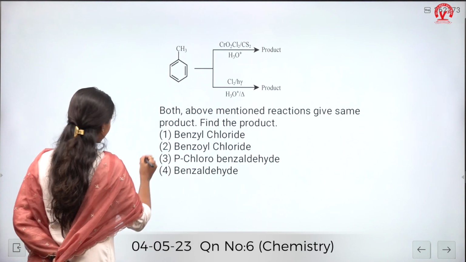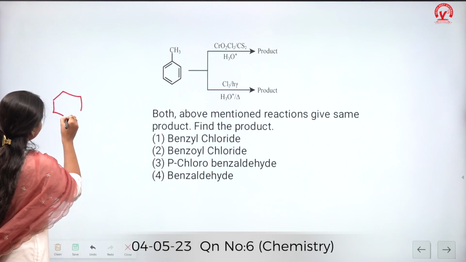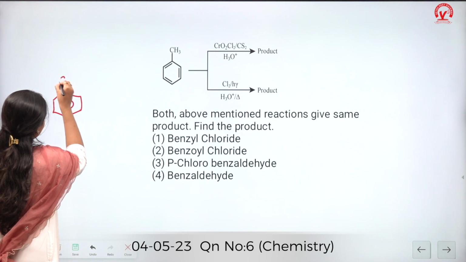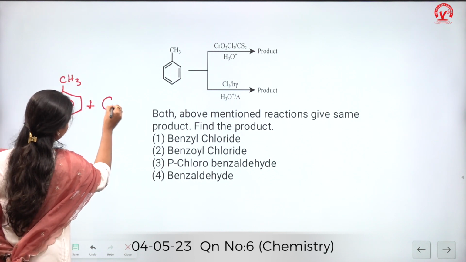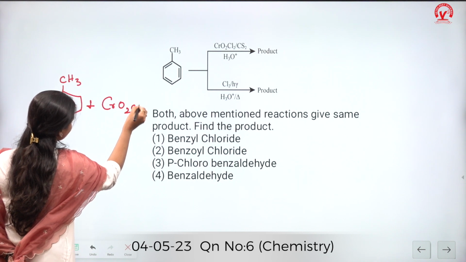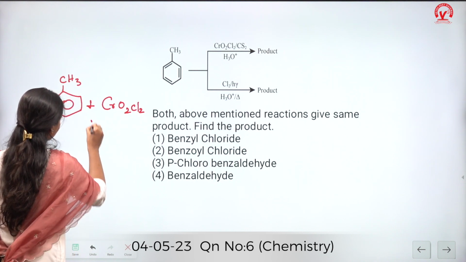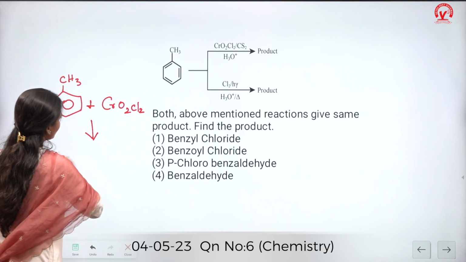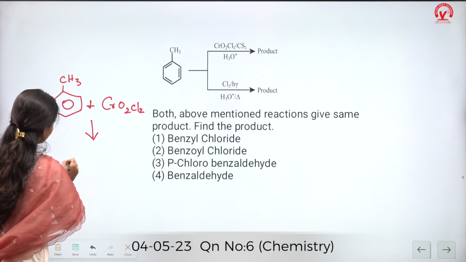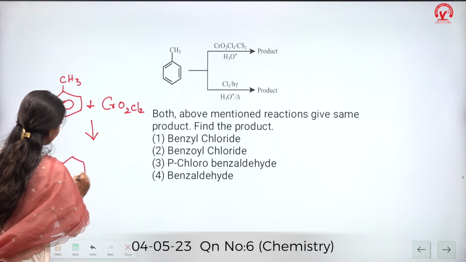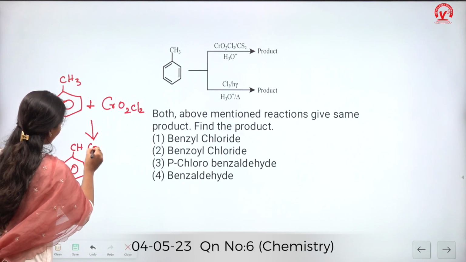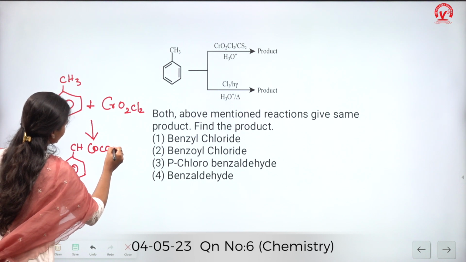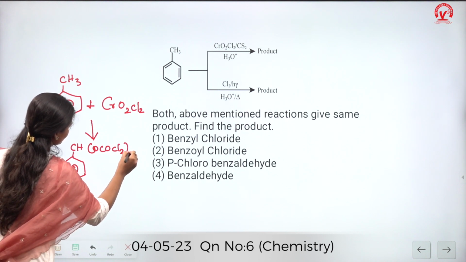First, in the case of toluene, CH3, which is reacted with chromyl chloride, CrO2Cl2, leads to the formation of a chromium complex, that is, CH(OCrOCl2)2.